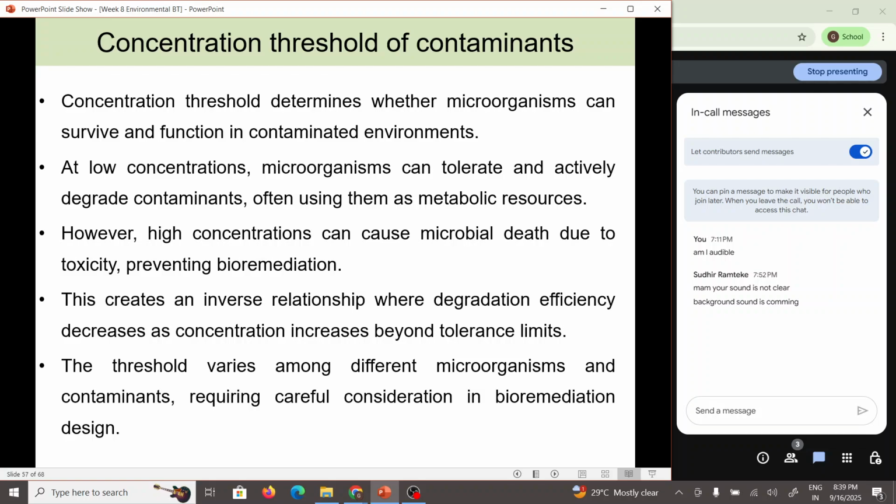If the contaminant is present above the tolerance limit, then for every further increase, the degradation efficiency is going to decrease. So the inverse relationship between degradation efficiency and the contaminant concentration holds true only in the case where the contaminant is present above the tolerance limits.